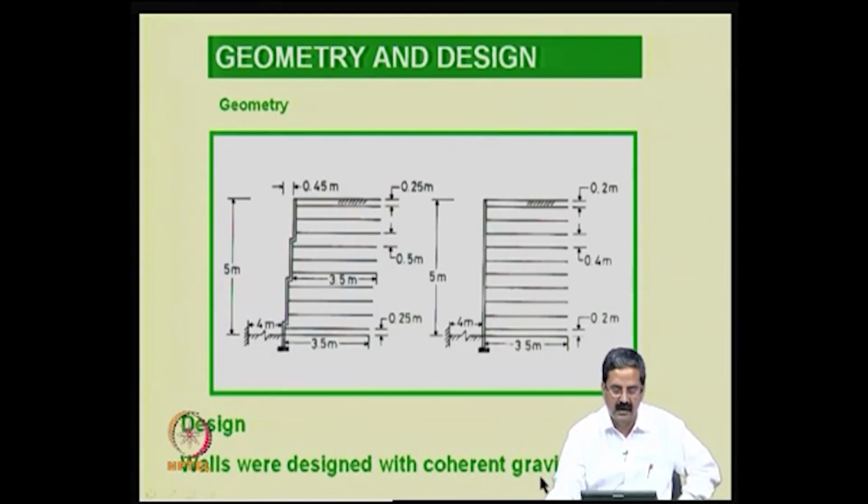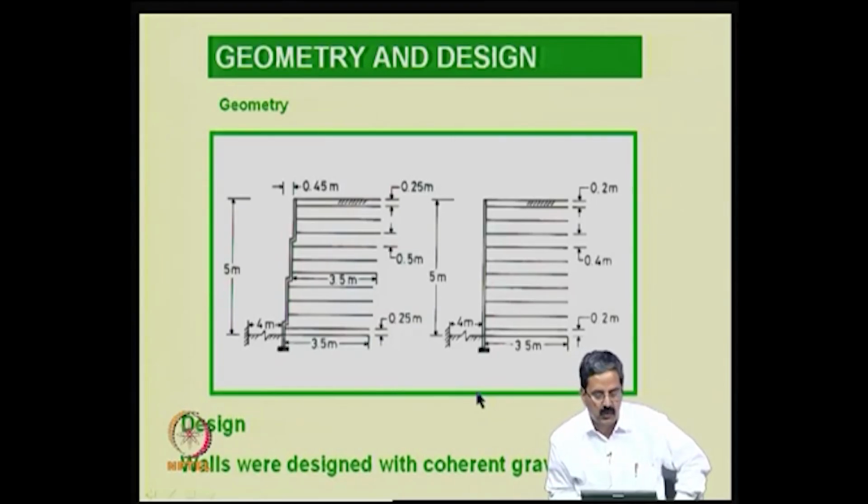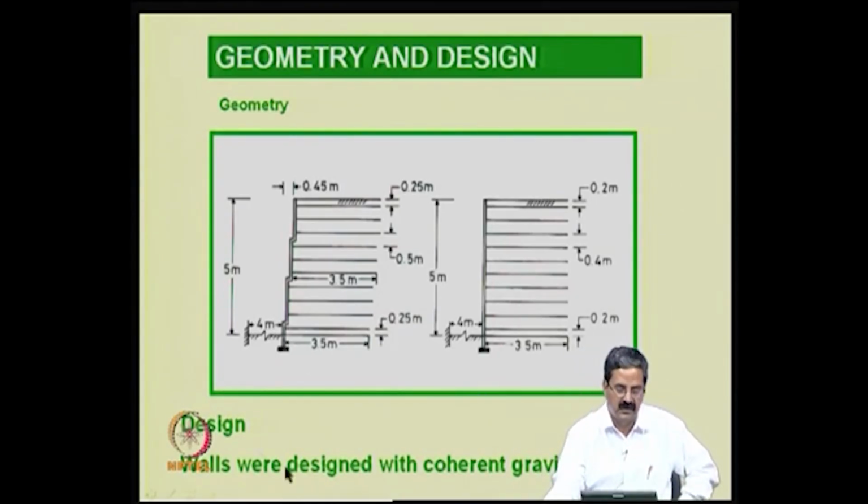and we use K naught gamma h, and so we have a design method based on that, which we call the coherent gravity method. Once you put a reinforcement like this, what it means is that this wall behaves like a coherent mass. Okay. That is why we say that it is a coherent gravity design method.